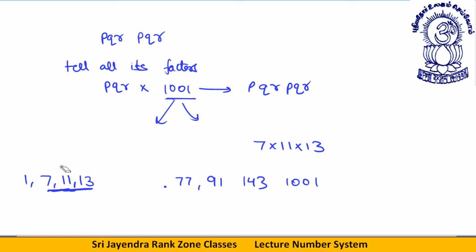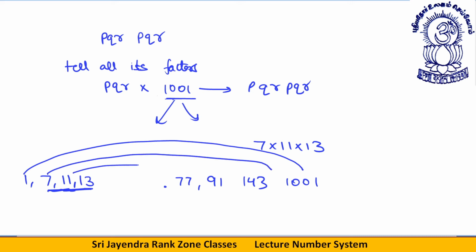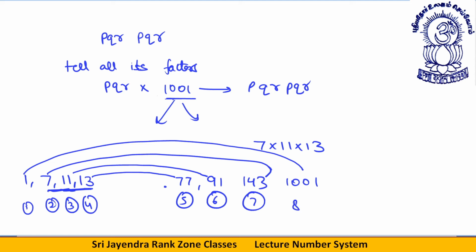See, these are the ways. This is one way of getting it, this is another way, and this is another way. So all these are the factors: 1, 2, 3, 4, 5, 6, 7, 8.